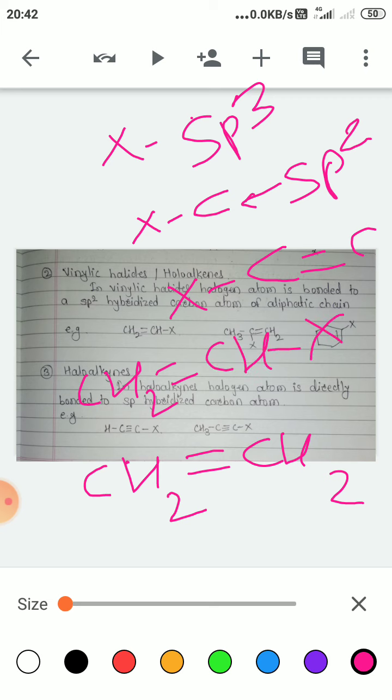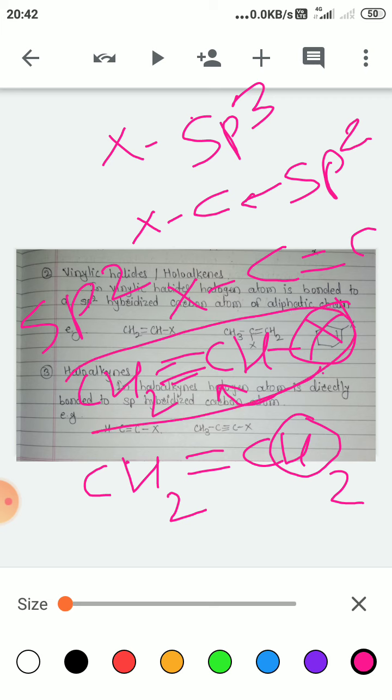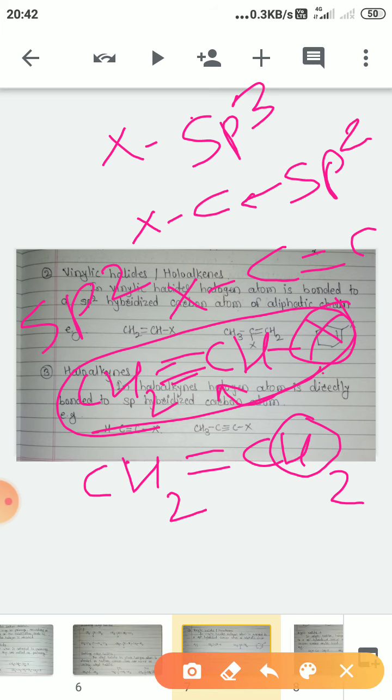Now see, this halogen atom is attached to a carbon atom which is double bonded, that is, this carbon atom is sp2 hybridized, and therefore such kind of alkyl halides are called vinylic halides or haloalkenes.